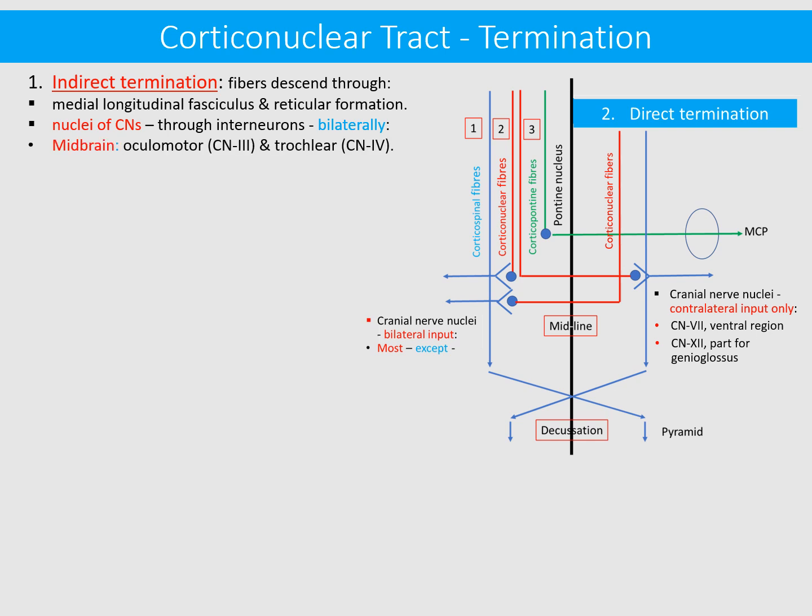Starting from above in the midbrain, they terminate on the oculomotor and trochlear nerve nuclei. In the pons, they terminate on the abducent nerve, or the sixth cranial nerve. These indirect fibers modulate the activity of the lower motor neurons.